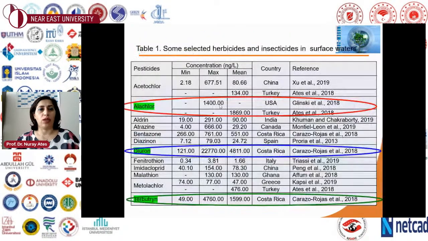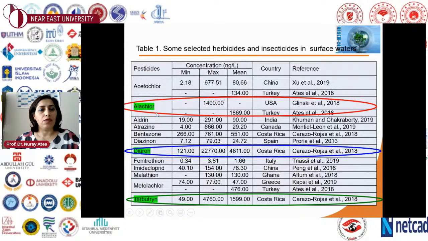In this table, I want to show you some pesticides which were detected in surface waters. These are herbicides and insecticides groups. As you see, the concentration levels of these pesticides are at nanogram per liter levels.